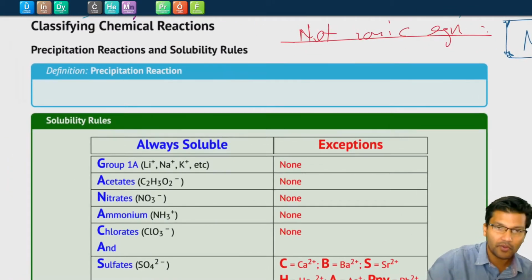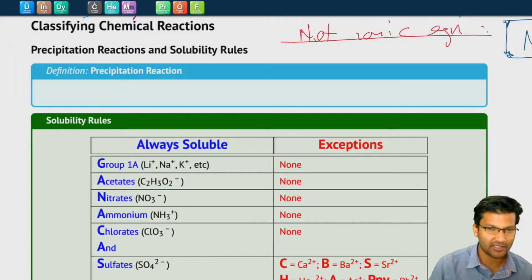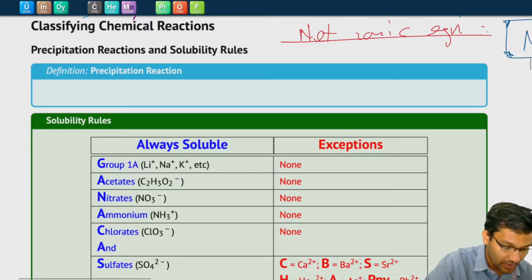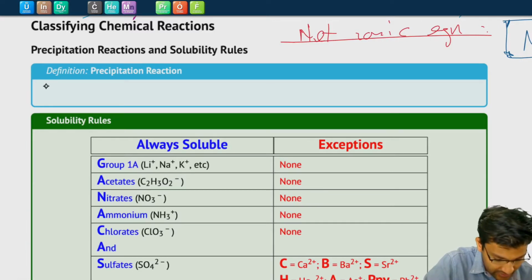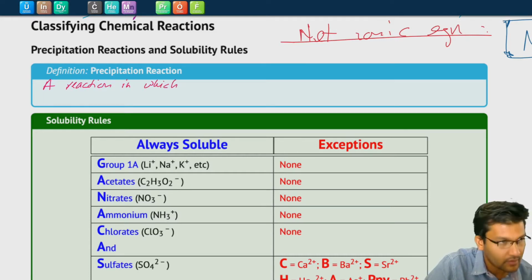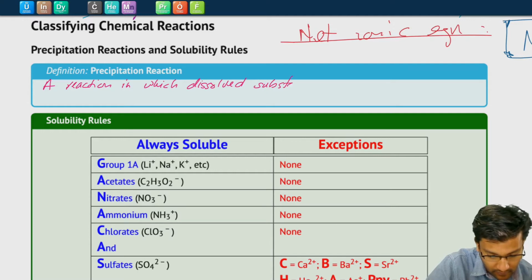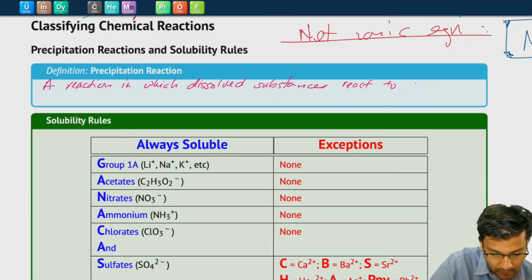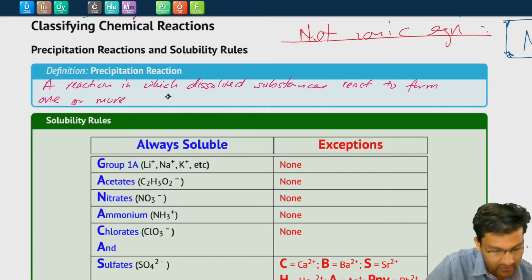Now, you might be wondering, what is a precipitation reaction and what is a precipitate? Well, a precipitation reaction is simply a reaction in which dissolved substances react to form one or more solid products.